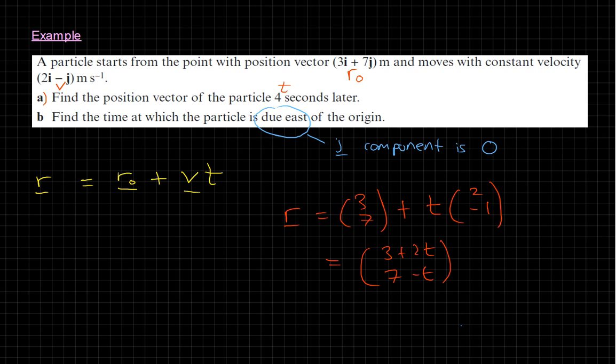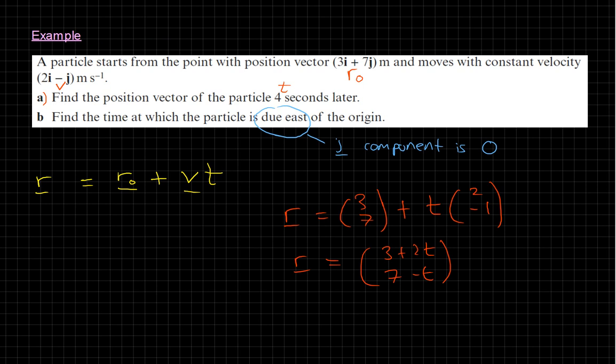And then what we're saying basically is this is a formula for r in terms of t. So when t is 0, r is 3, 7. Makes sense, that's the initial position. When t is 1, r is 5, 6. And the question is, what value of t makes it so that the j component is 0?